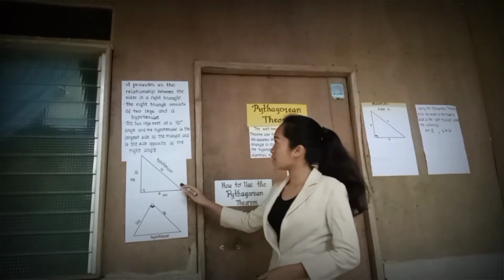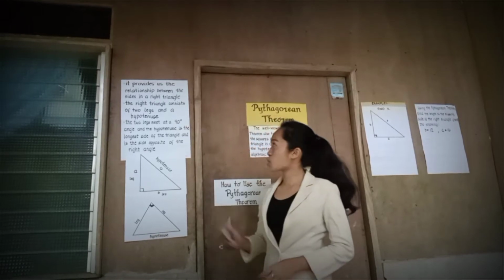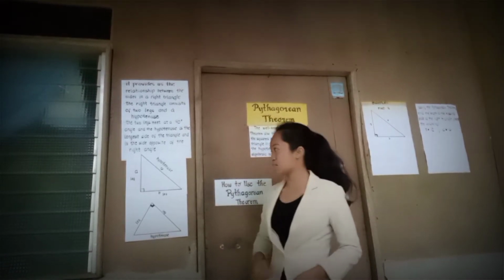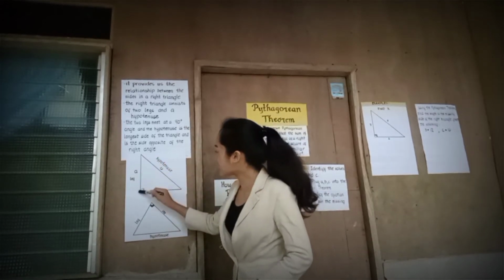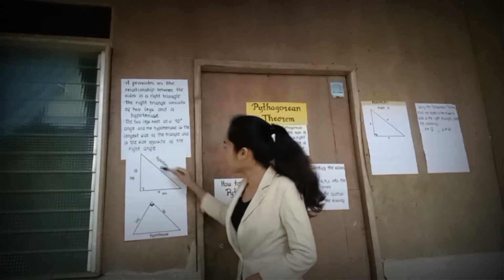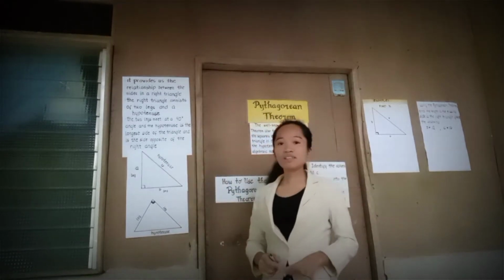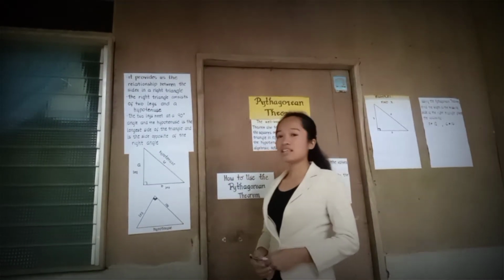The right triangle consists of two legs and a hypotenuse. So, these are the two legs, and this one is the hypotenuse. The two legs meet at a 90-degree angle.